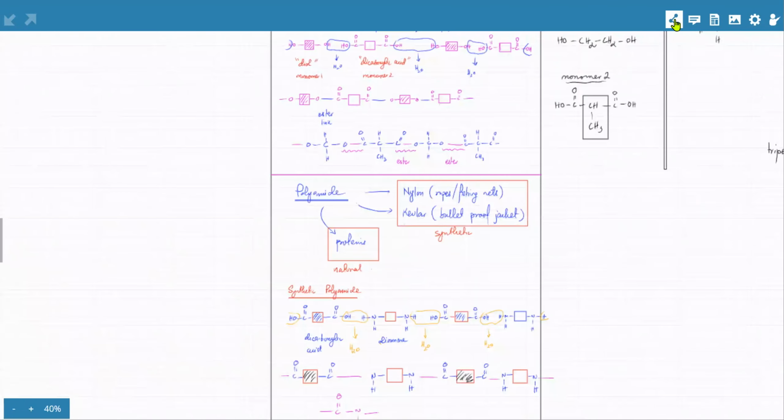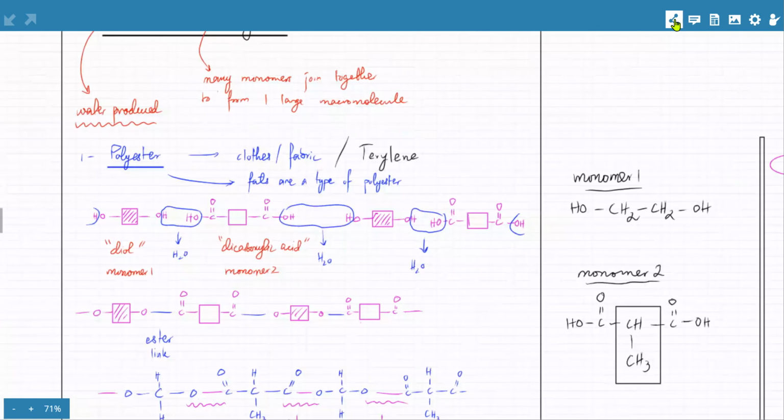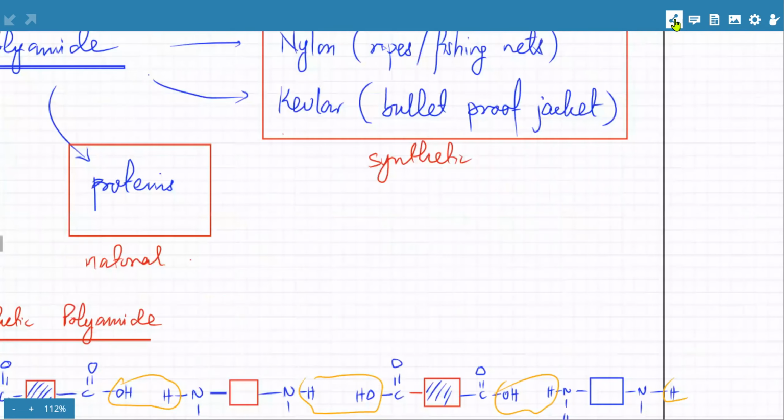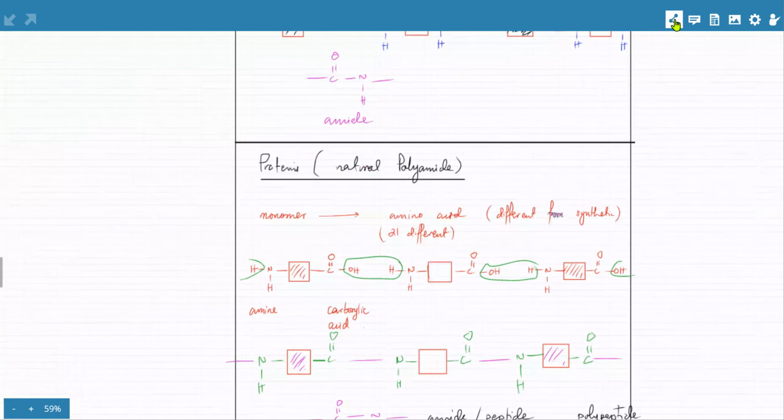Somewhere over here we studied condensation polymerization, and we learned how condensation polymers were formed. You had polyesters, polyamides, synthetic polyamides, and proteins.